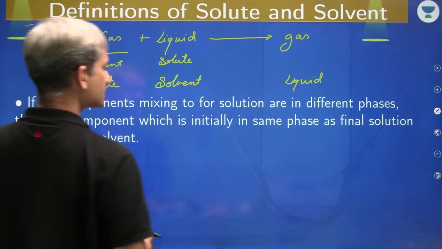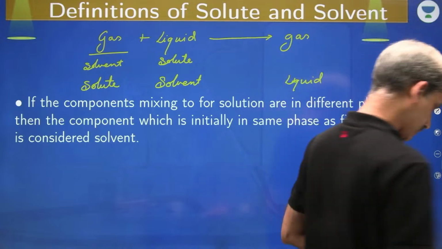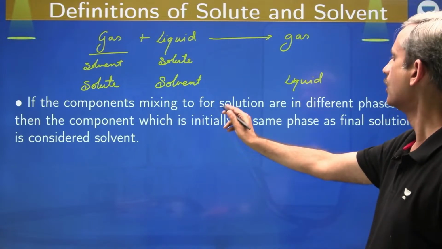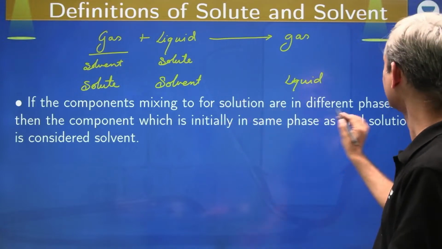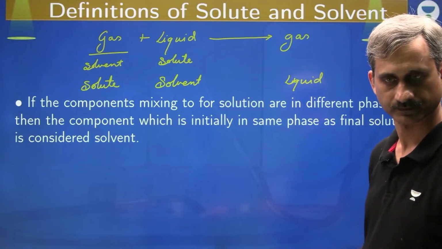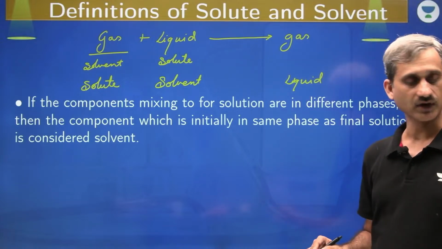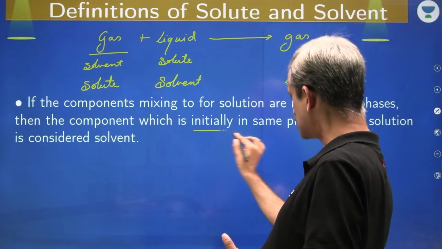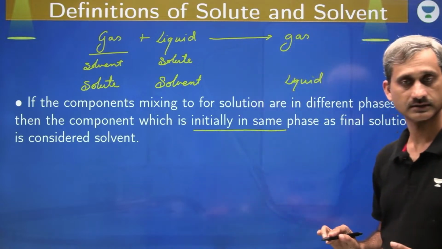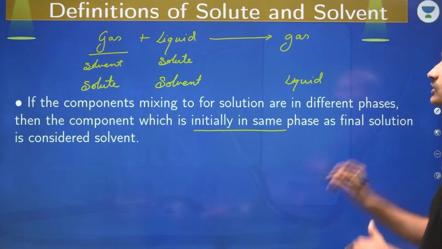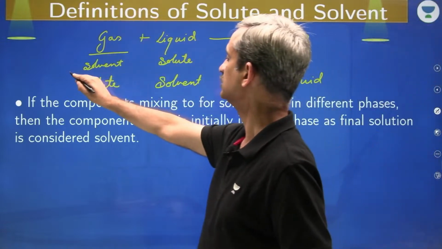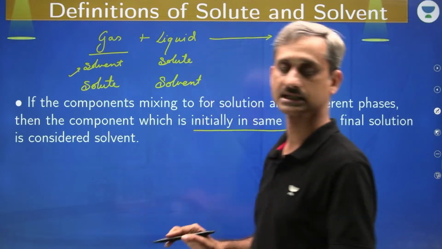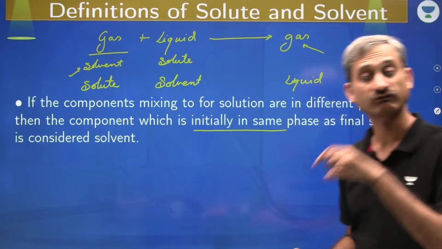Now that I have written this, I believe it is easier to understand the definition. If the components mixing to form a solution are in different phases, then the component which is initially in the same phase as the final solution is considered the solvent.